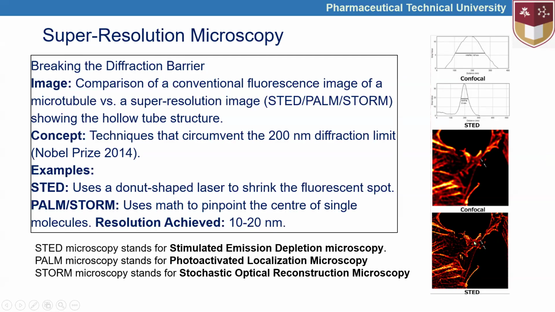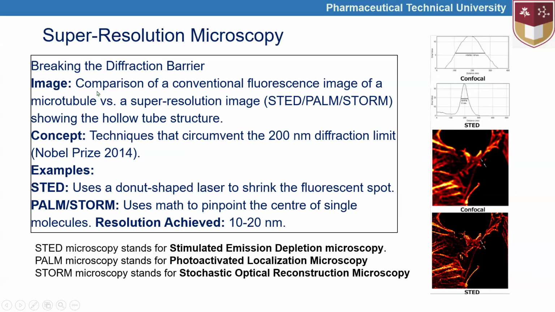Compared to confocal microscopy, here we can see much higher resolution of the object. STED stands for stimulated emission depletion microscopy. Besides, there are some other approaches of super resolution microscopy, such as photoactivated localization microscopy or stochastic optical reconstruction microscopy.